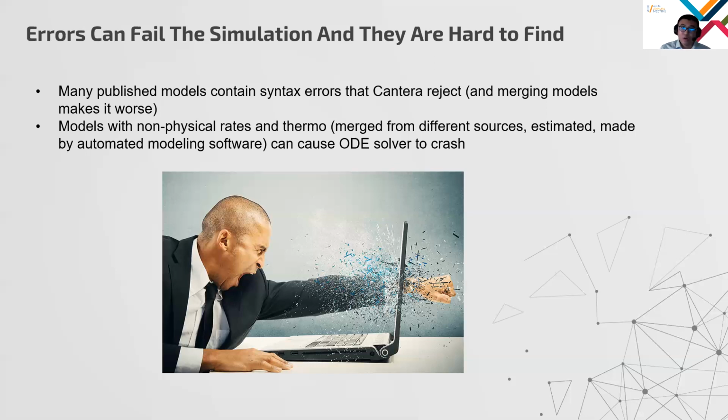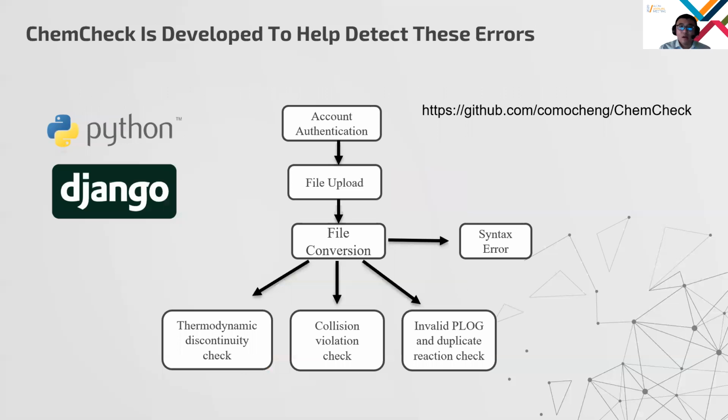And that leads us to our project, Chemcheck. We developed Chemcheck to help detect these errors. It's open source software hosted on GitHub, and it's mainly written in Python, powered by Django.